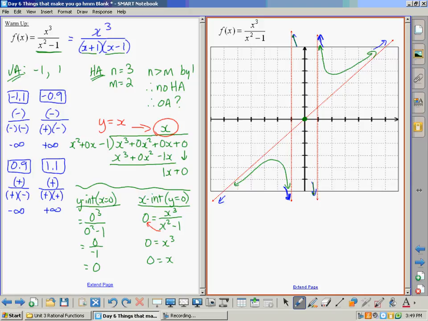And we know from experience it's probably going to look like a cubic. And there we have our sketch. We can check this on the graphing calculator, but I'm confident that this is what it looks like. So that's a good warm-up.